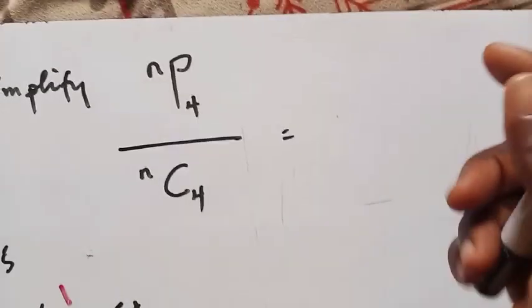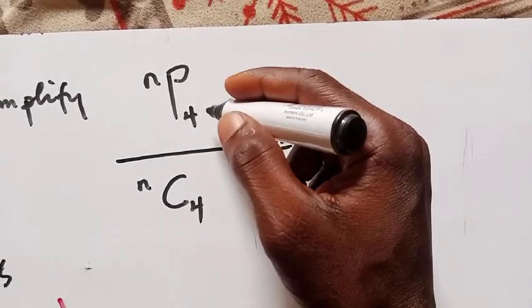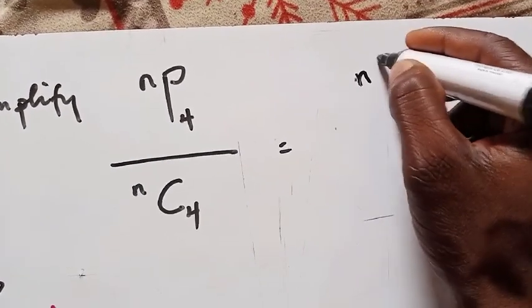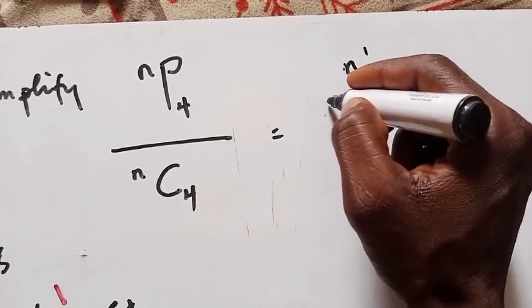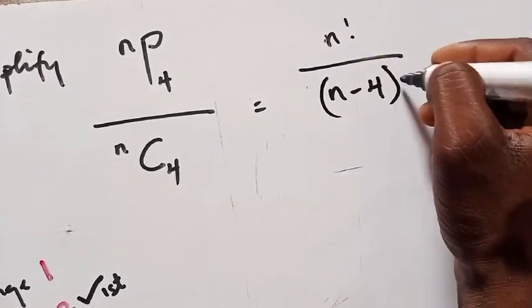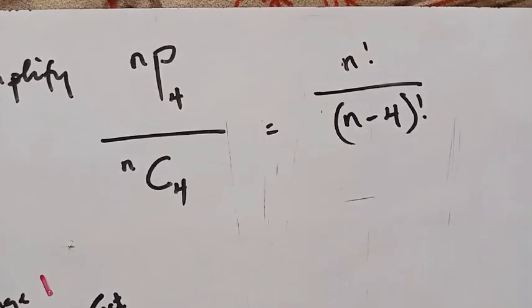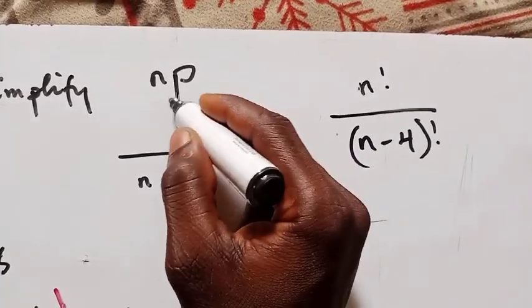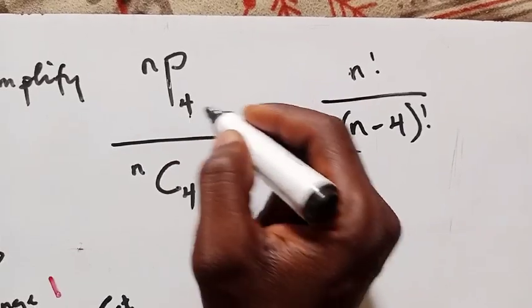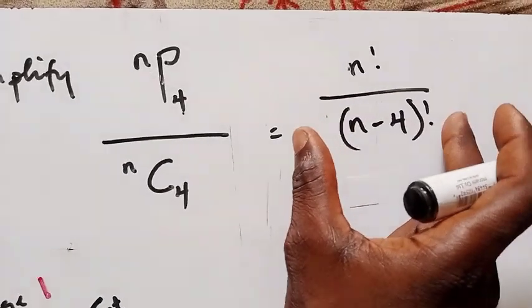Perfect. Now the permutation solely means n factorial divided by n minus 4 factorial. That is just the technical definition. It means that out of the n items, you are going to select 4, in which the order is very important.